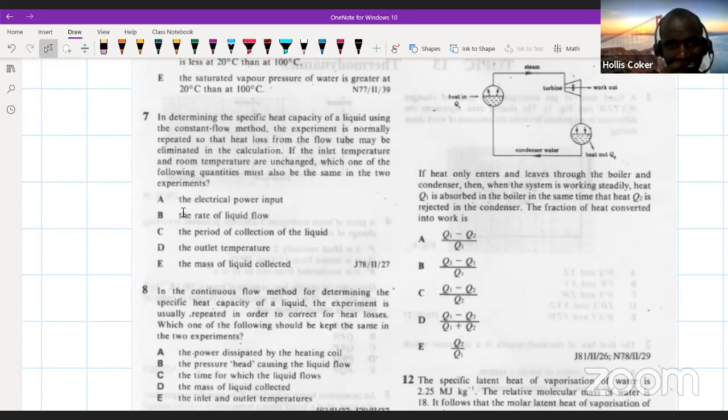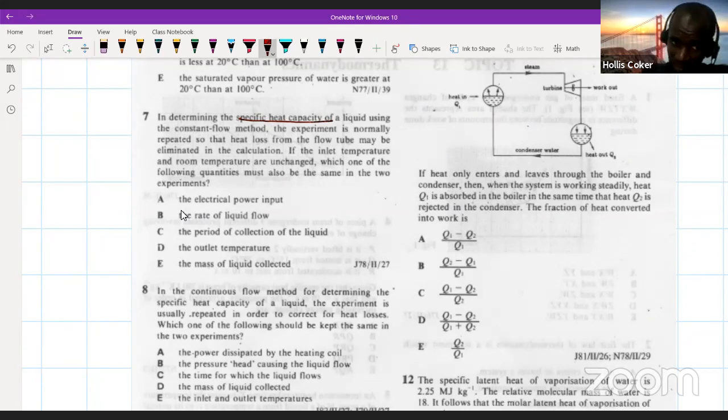You want to get C, you want to get the specific heat capacity. Electrical power input unchanged.